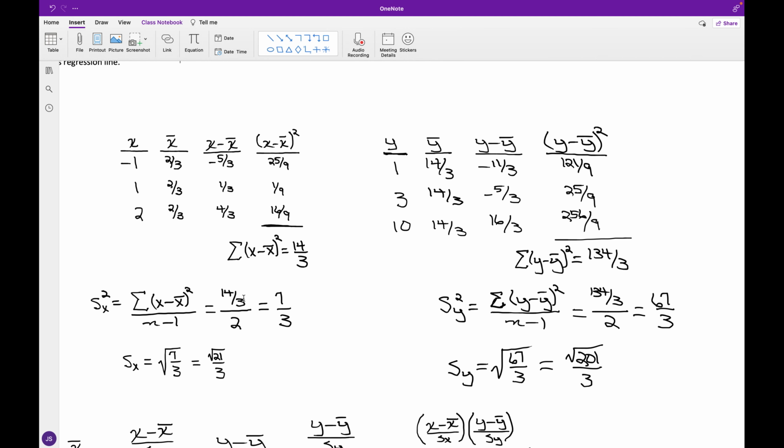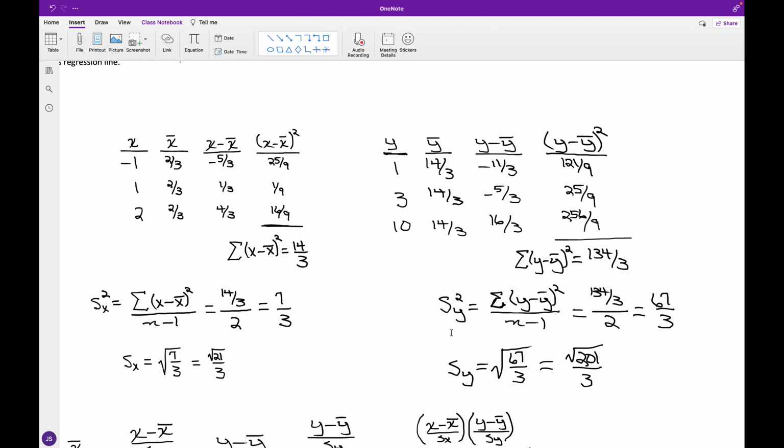The square of the sample standard deviation in x is 7/3, and taking the square root, that is the sample standard deviation for x, which we can express as either the square root of 7/3 or the square root of 21 over 3. Now for the sample standard deviation in y.